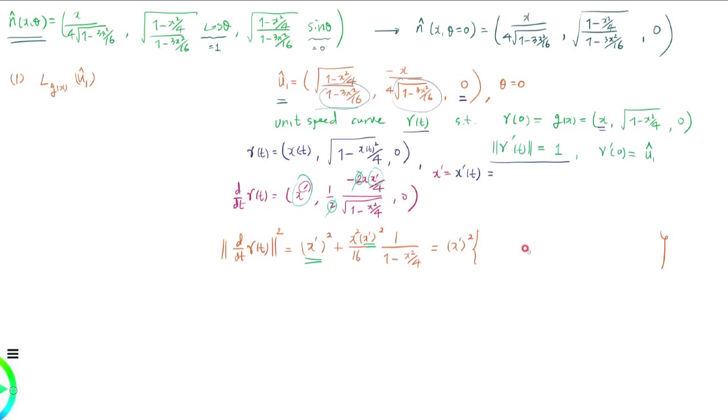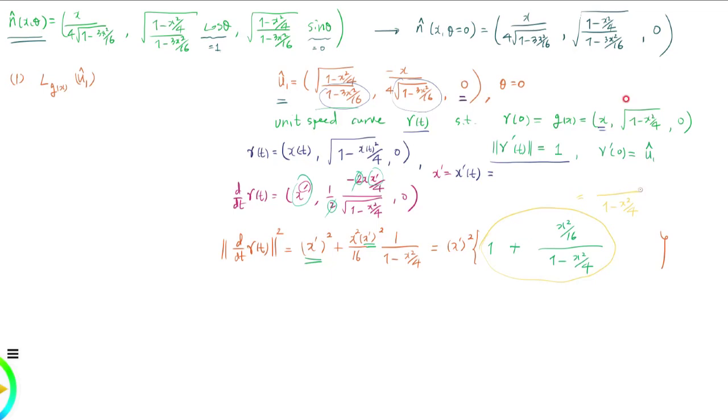So what's left is this one, 1 plus x squared over 16 over 1 minus x squared over 4. And by the calculation, I believe you can do it.